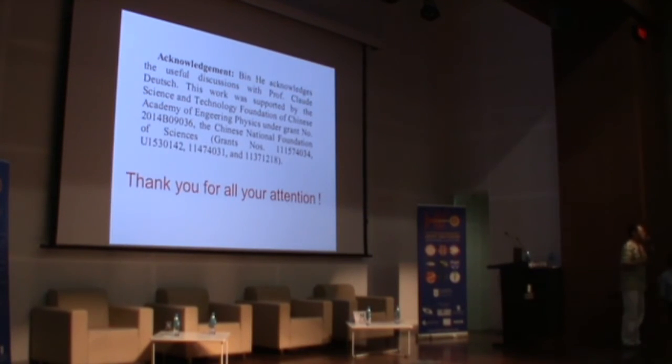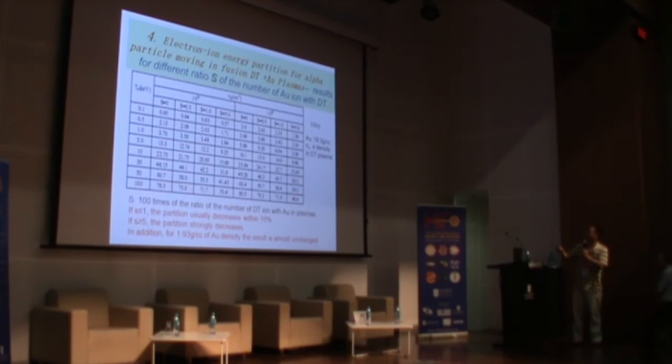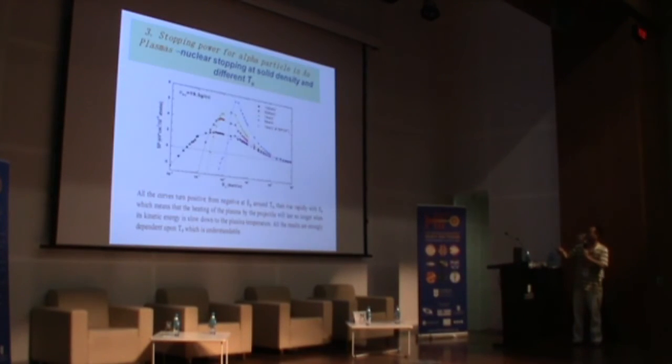Thank you. It's a very nice talk. Can you change to the slide where you have shown that the alpha particle can gain energy from plasma if the velocity is smaller than thermal velocity? Here, the negative value means that the alpha particle gains energy.